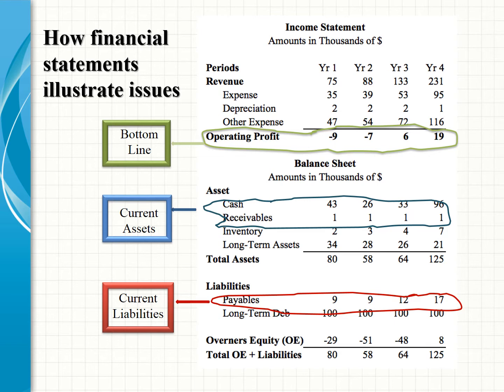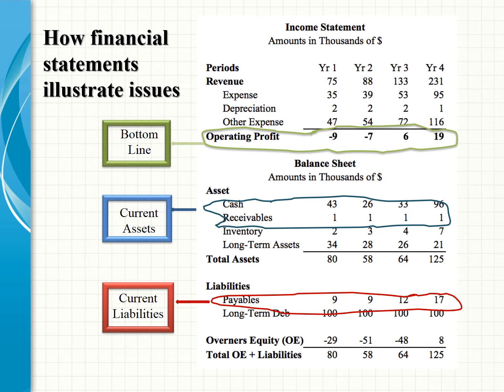Remember, when you want to know if a business generates profit or not, you just need to look at the operating profit line, or, like many stakeholders say, the bottom line. If users want to know if a business has cash to pay its upcoming bills or not, they look at the balance sheet. Please take a look at the balance sheet.